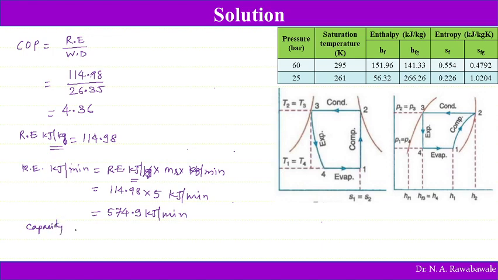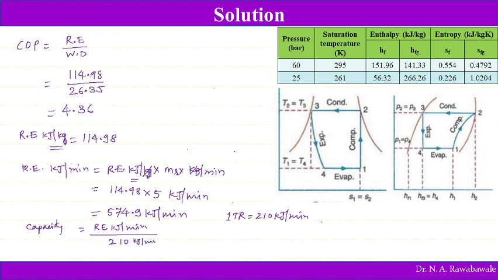Now he is asking us to find the capacity of the system. This refrigerating effect is given in kilojoules per minute. 1 ton of refrigeration is equal to 210 kilojoules per minute. So for 574.9 kilojoules per minute, how many tons of refrigeration do we get? To find that, we take the refrigerating effect in kilojoules per minute divided by 210 kilojoules per minute.